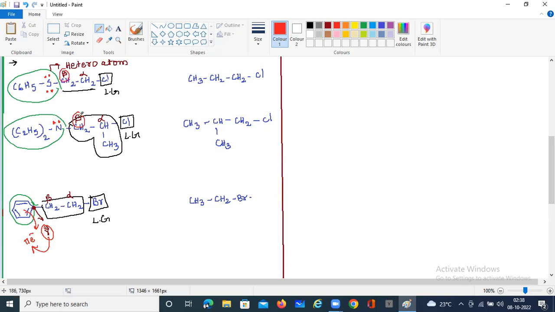So what I mean is, when the hetero atom is present on the beta carbon, and the pi bond is present on the gamma carbon of the leaving group, it can enhance the SN2 reaction. Very important point, okay na.